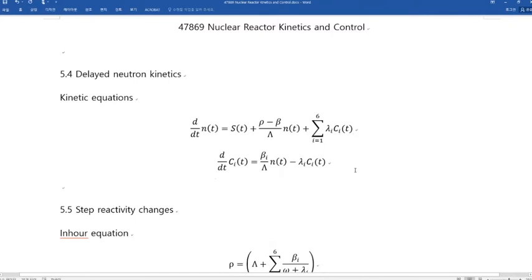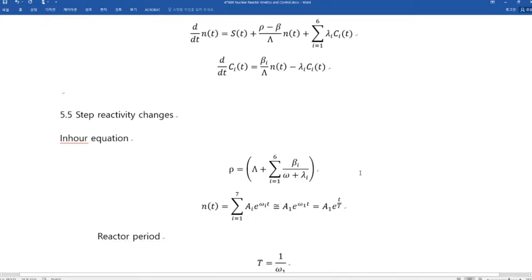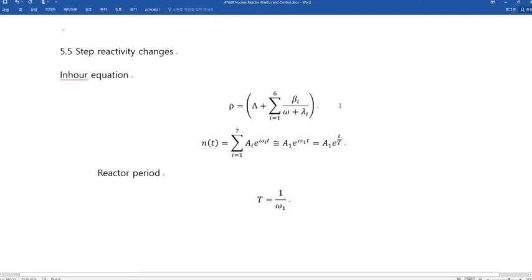So these are the kinetic equations. In section 5.5, we derived this inhour equation. And of course, the exact solution will be the sum of all 7 exponential terms, and all the seven omega i's will be given from this inhour equation. But as I explained, as t increases, the overall solution is governed by the biggest omega, omega 1.